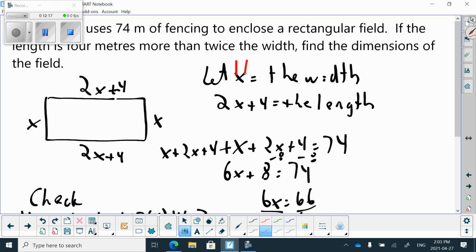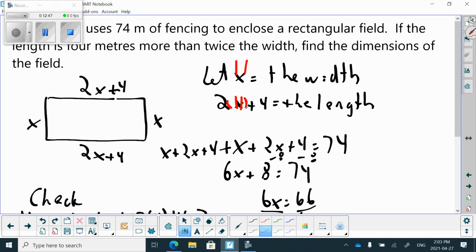I'm not looking for an answer, I'm looking for some words to give her some guidance, because I want her to finish it. 2x plus 4 equals 52. If x is equal to 11, we put in 11 for x in each place.